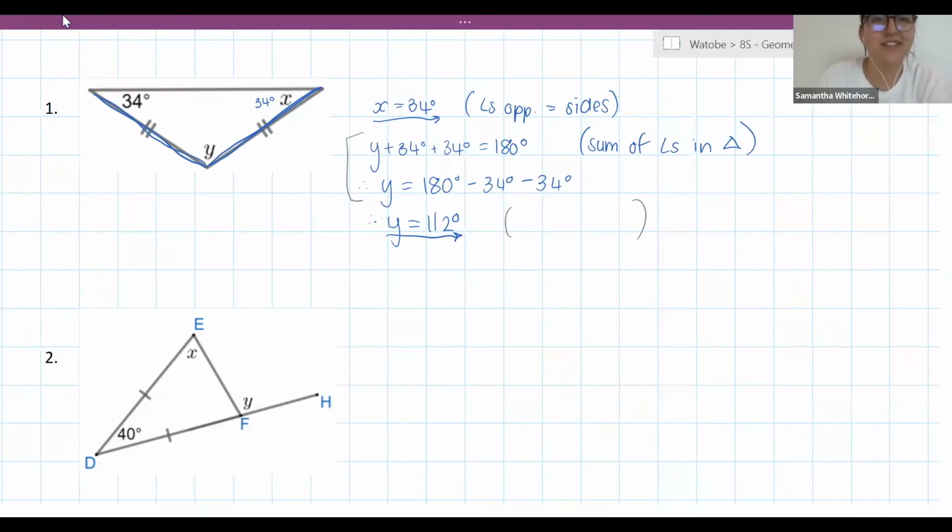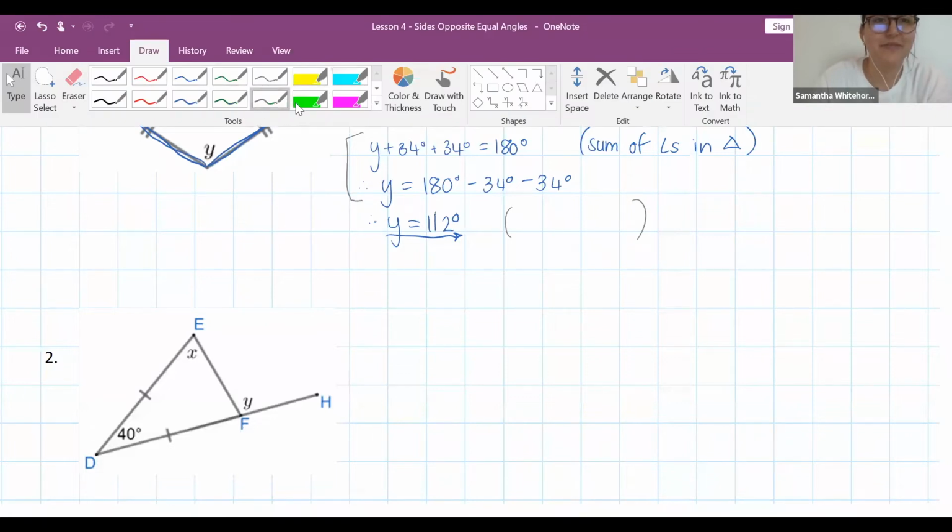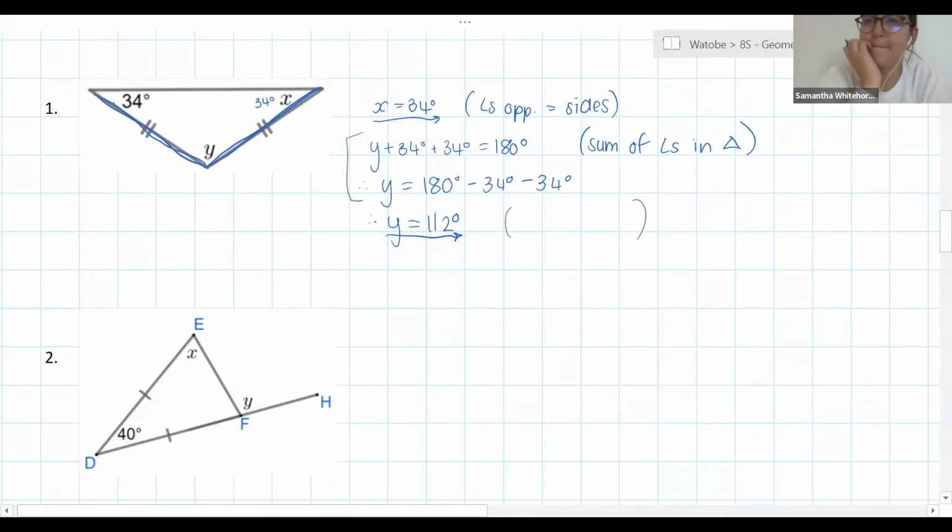Okay, who is our lucky second answerer? Okay, Tato. We are all yours. Hi, ma'am. Hi, Tato. For number 2, I said x plus 40 equals 180 degrees.